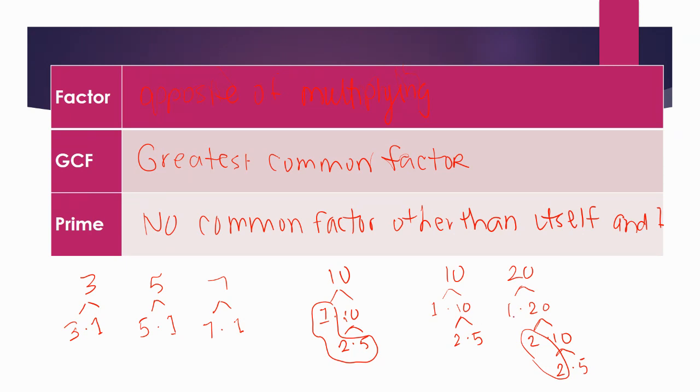But if I'm looking at this list of numbers, this 10 and this 10 are going to be the greatest common factor between the 10 and the 20. So you're making a list of all the numbers that can multiply by something to make that number, and then picking the largest one that the 2, or 3, or 4, or 5 numbers we're comparing have in common.